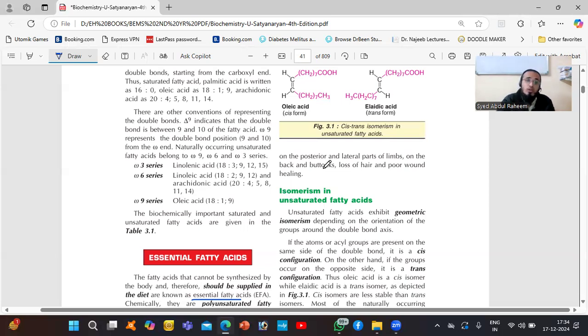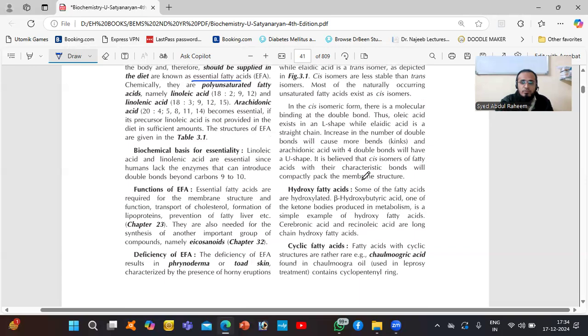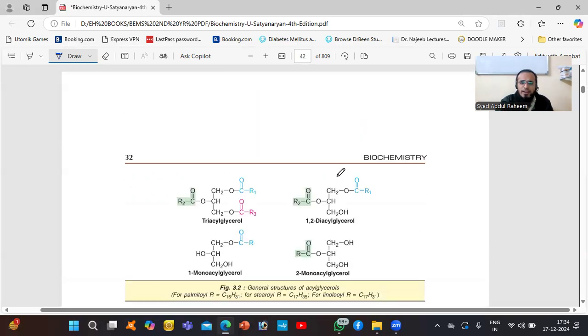So although we need fatty acids, they should come from a good form, not adulterated form. These are the different types of fatty acids.